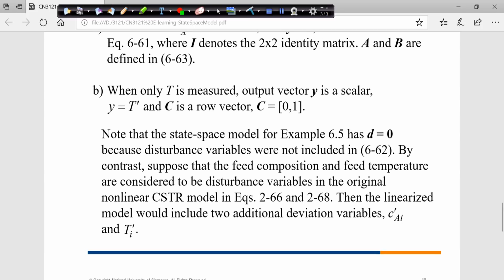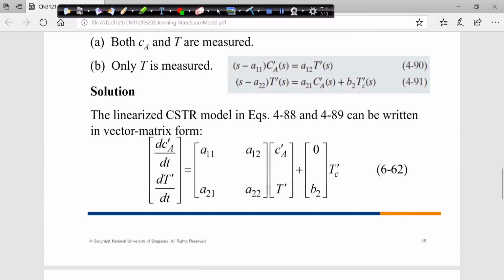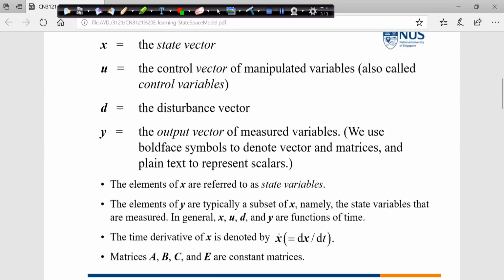Okay. And secondly, if we only have temperature T measured, then the output vector Y only has one variable within, that's the temperature. It becomes a scalar then, so Y equals T prime. And here C is a row vector then because Y equals CX, if we recall the state space model, right?